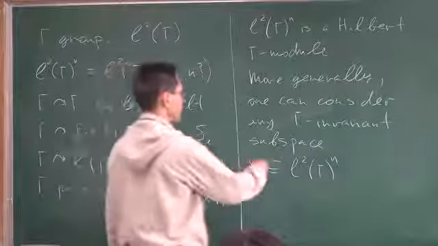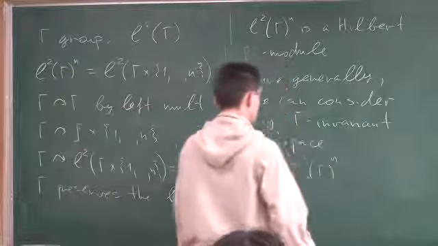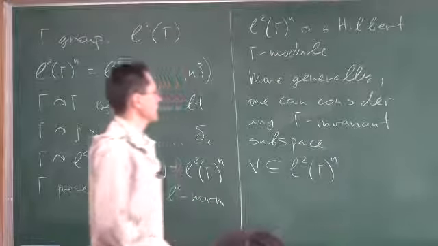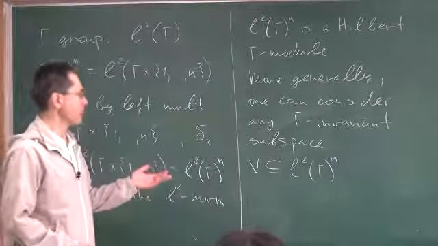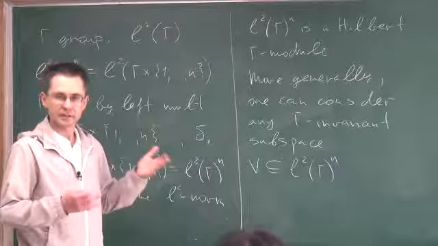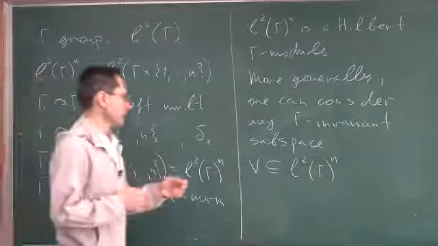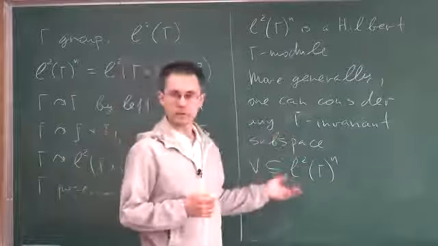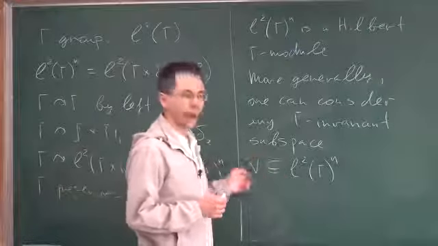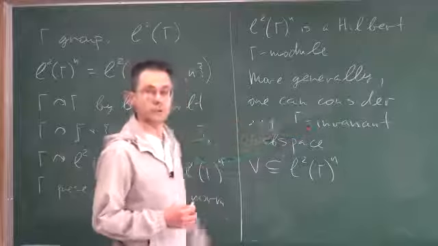But if it's a gamma invariant subspace, we can also call it a module. It's not going to be a Hilbert module because it's not closed. Hilbert space should be complete. But we can still call it a gamma module because gamma acts on the subspace, because the subspace is required to be gamma invariant.